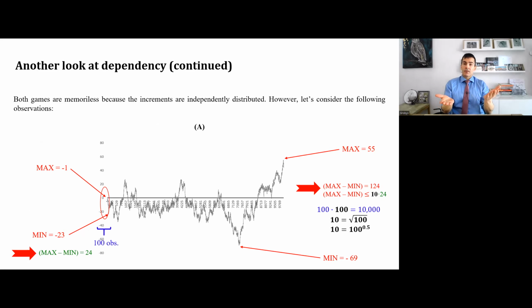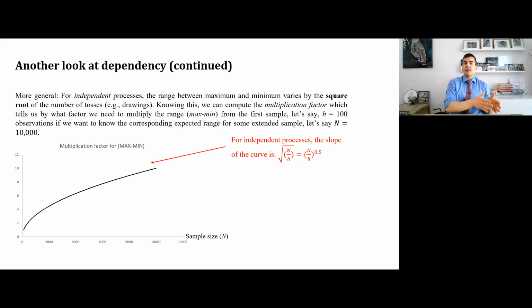So let's say our initial sample, our small h here, is equal to 100, like in the previous example. Let's say we measure some range, we know the process is independent, and we want to know what can we expect the range between maximum and minimum to be if we're dealing with, let's say, not 10,000 but 6,400 observations.